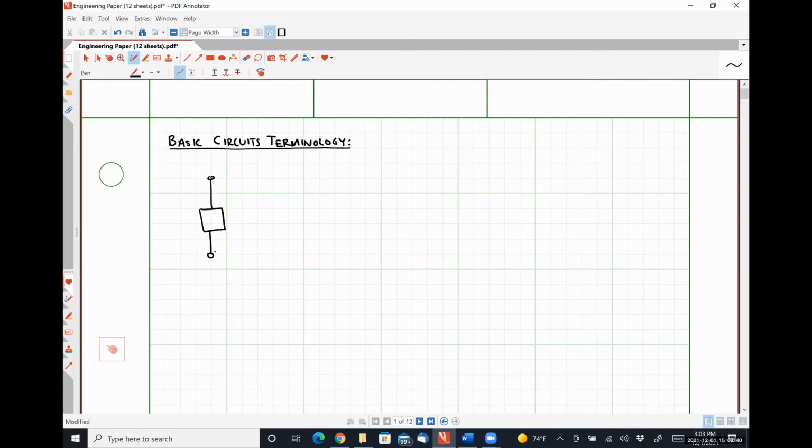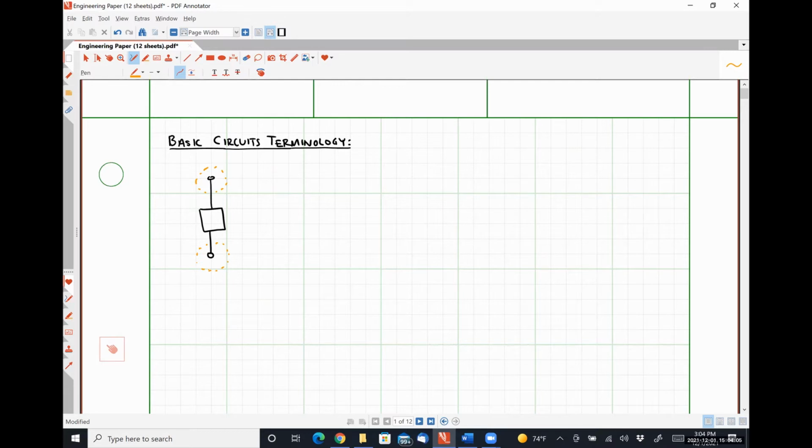This is an example of a two-terminal circuit element, okay? So we have a terminal up here at the top and a terminal down here at the bottom. And these terminals are how we connect elements together, okay?